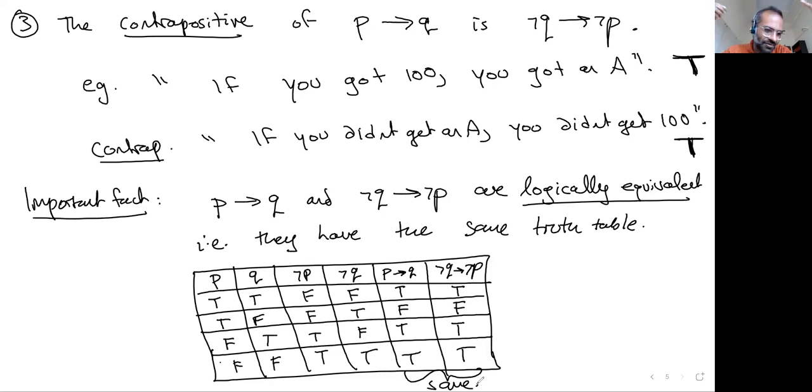This is maybe something you've been doing your whole life, but it's very important to become aware of it when you're writing proofs, because it often changes the nature of a statement in a way which makes it easier to prove or more clearly true. So this is an important one, the contrapositive, and this device will be useful in many situations.